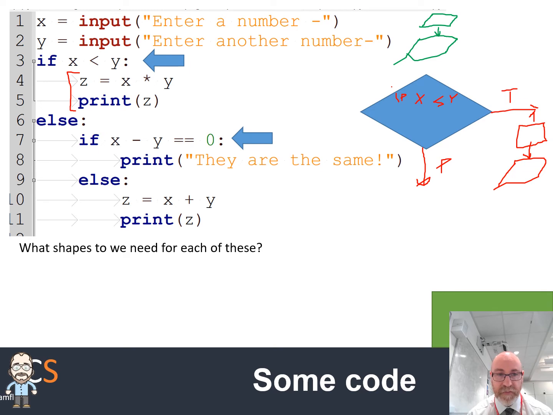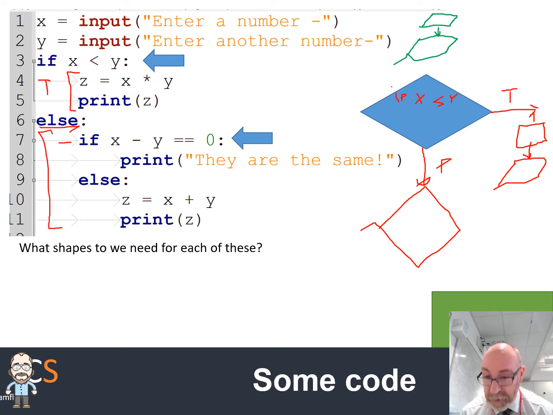Then for the false part, which is the else, the next thing we'll have is an if statement. So on the false, I draw another diamond, and I do pretty much the same thing again. When I have a decision, I must have 2 things coming out of it, yes and no, true and false. If it's true, I do that part of it. If it's false, I do the else part.